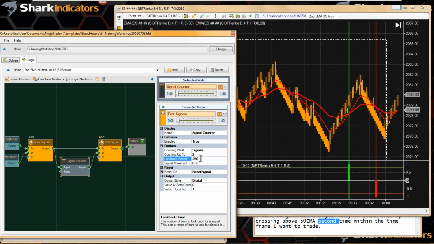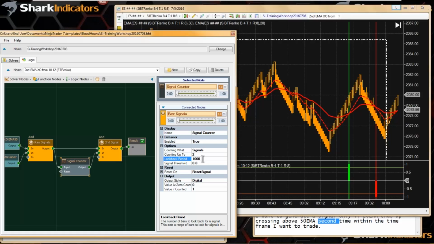Now you don't want to just get lazy and say, well, I'll just go with 1,000, because the higher this number, the more work the signal counter has to do. You're basically using more CPU time, the bigger this look back period is.